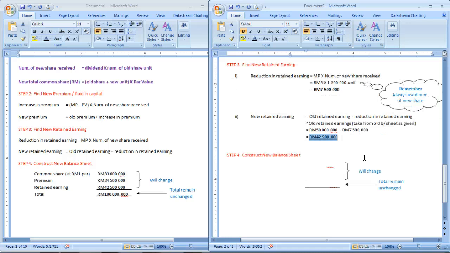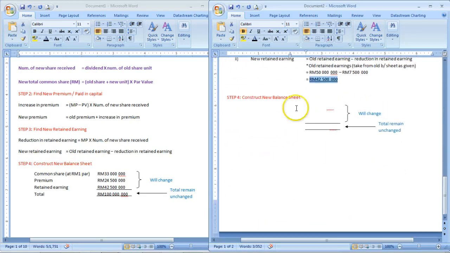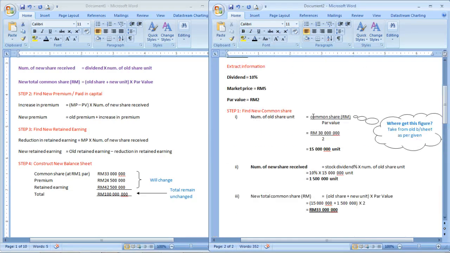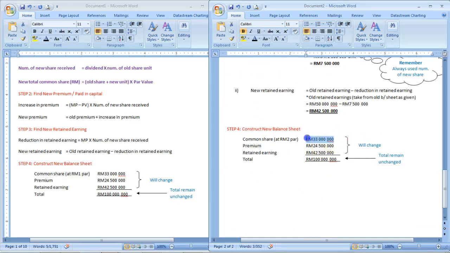Class, you need to construct the new balance sheet. You rewrite the same thing, but this amount you have to change to the new one. How? Common share at 2 par, but what is the value now? From the first step, the answer is 33 million. Then you put it here.